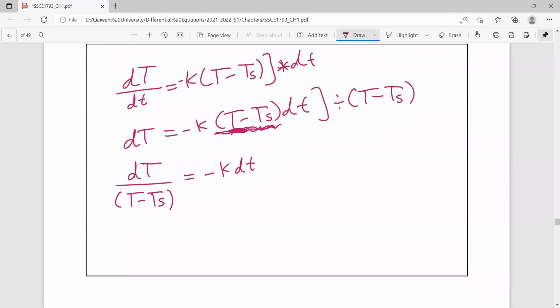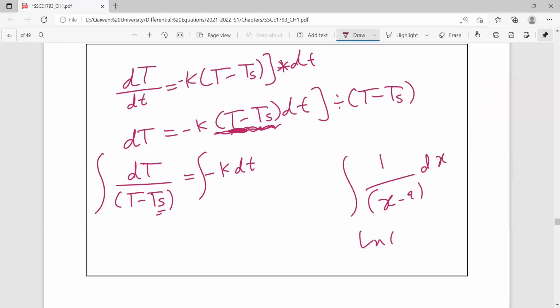This is a separable differential equation. You could separate them. Now we take the integrations. Taking the integration, the left-hand side, this is a constant. It's the same as to say, let's say, 1 over (x minus 2) dx. What's the integration of this function?